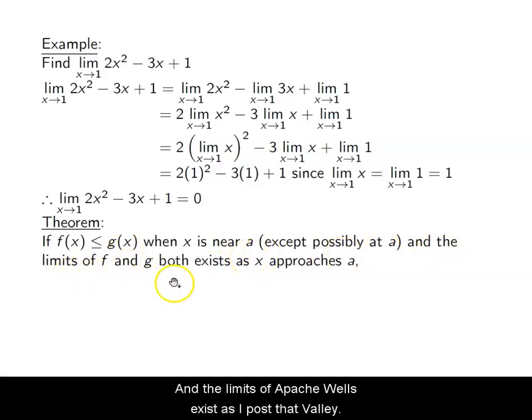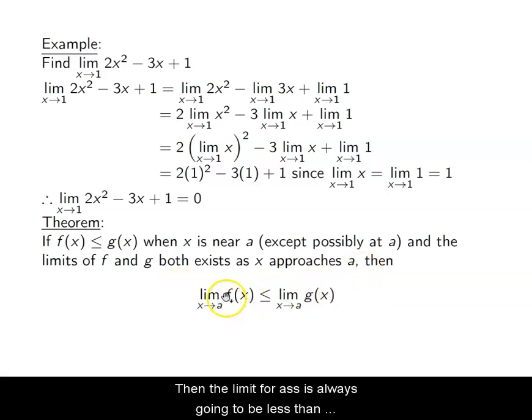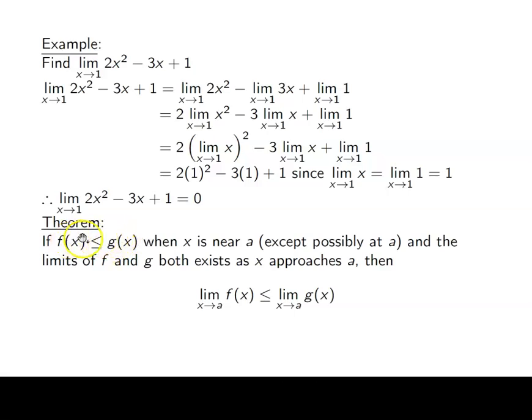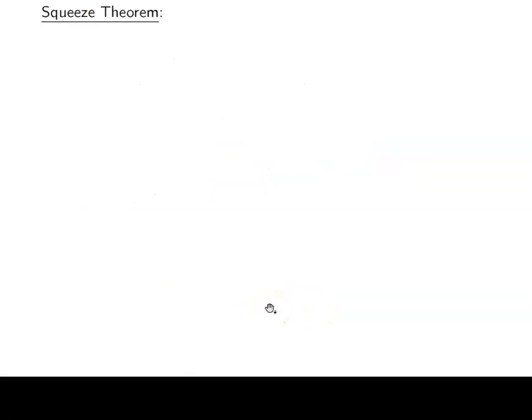And the limits of f and g both exist as I approach that value, then the limit for f is always going to be less than or equal to my limit for g. So basically, if g is always bigger than f, then the limit of f is always less than the limit of g, okay? But equality holds there as well.